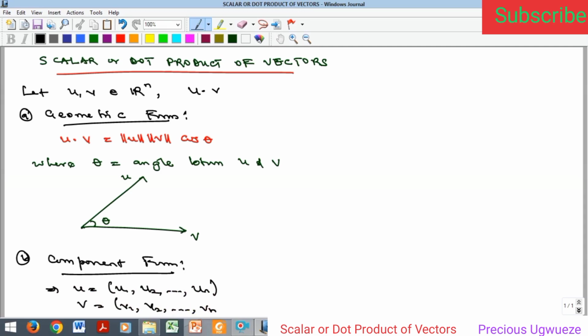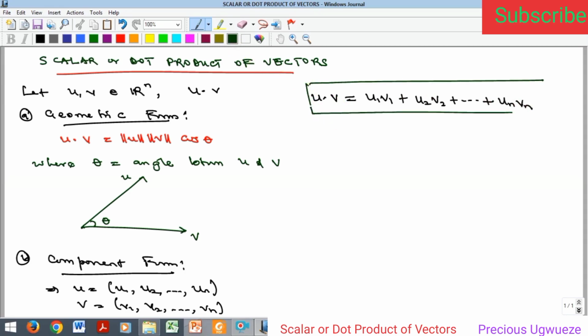Now if we want to define the dot product of these vectors, we simply say that u dot v is equal to u1 times v1 plus u2 times v2 up to the number of components they have, that's un times vn. That gives us the component definition for the dot product of two vectors, while this one is the geometric definition. We'll quickly look at some examples.